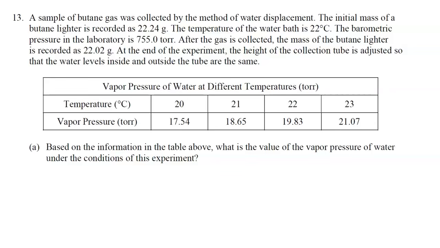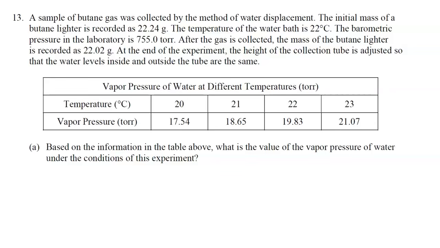The barometric pressure in the laboratory is 755 torr. After the butane gas is collected, the mass of the butane lighter is recorded as 22.02 grams. So there was a difference in mass. At the end of the experiment, the height of the collection tube is adjusted so that the water levels inside and outside the tube are the same.